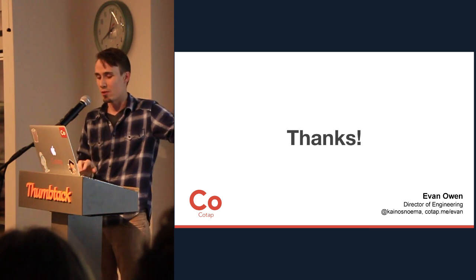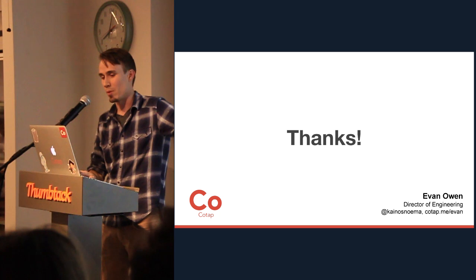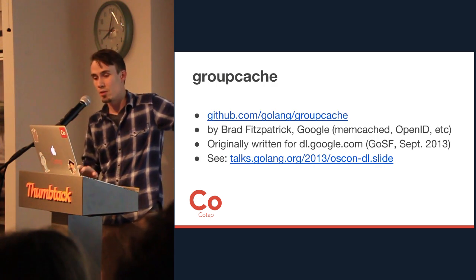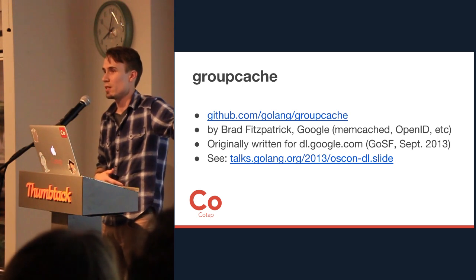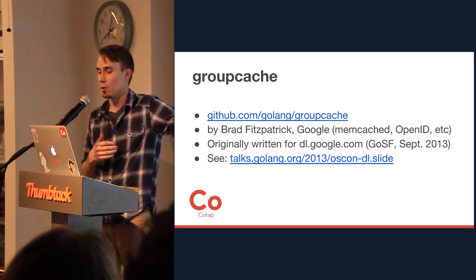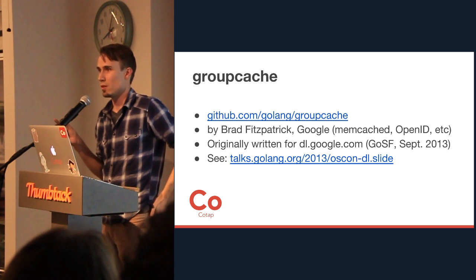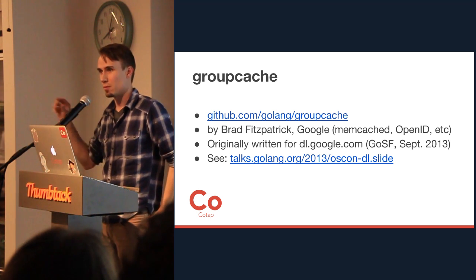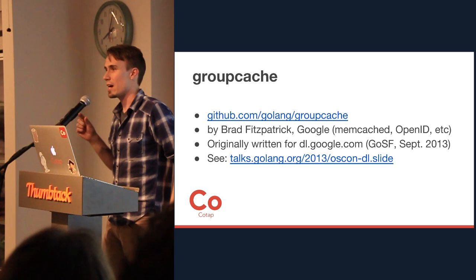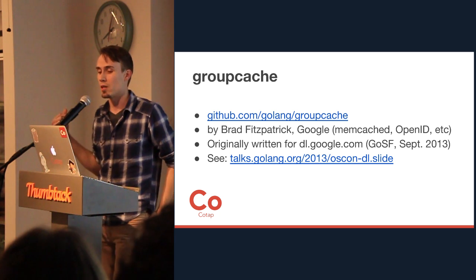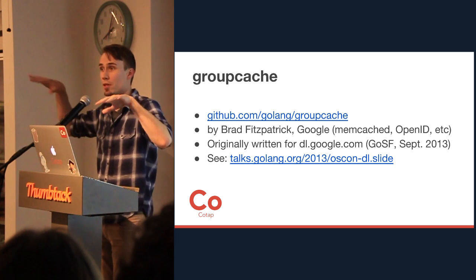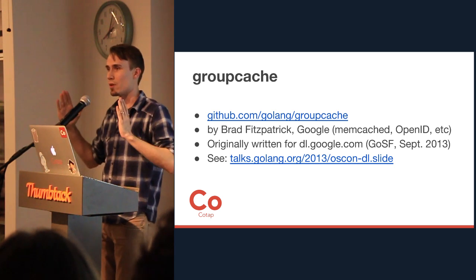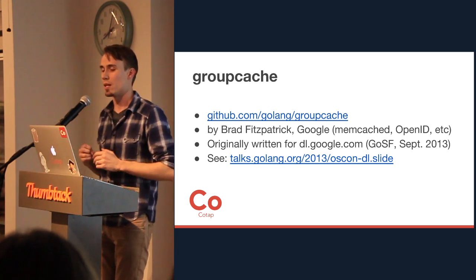If you actually look at the presentation, check out Brad's presentation on dl.google.com. They actually cached all of the files in dl.google.com in 2 megabyte chunks, almost like a file system stores data. They would cache in those chunks, and then to form a single file, they would simply request all those chunks from different nodes in the cache and put that together in a single read seeker for the client.